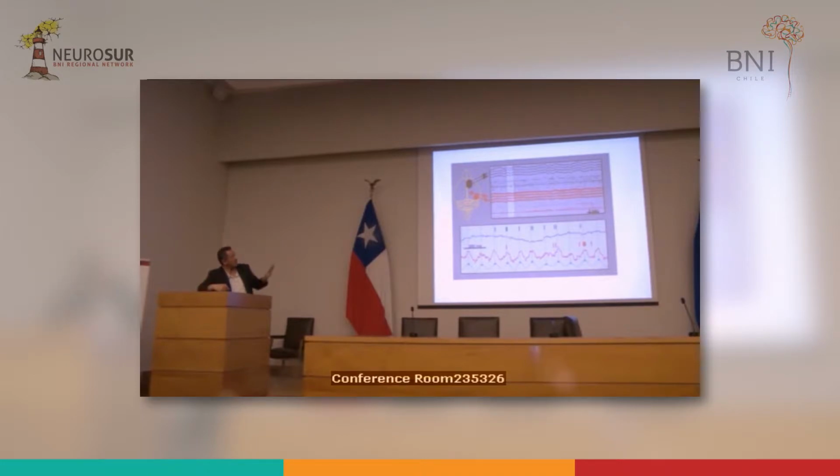But there's another thing that's illustrated here, and this is work by Thanos Siapas when he was in my lab. If you look at spiking, and this is spiking in the hippocampus, and this is spiking activity in medial prefrontal cortex, in infralimbic and prelimbic cortex that are connected to the hippocampus, what you see is that spiking activity in the prefrontal cortex is also locked to the hippocampal theta rhythm.